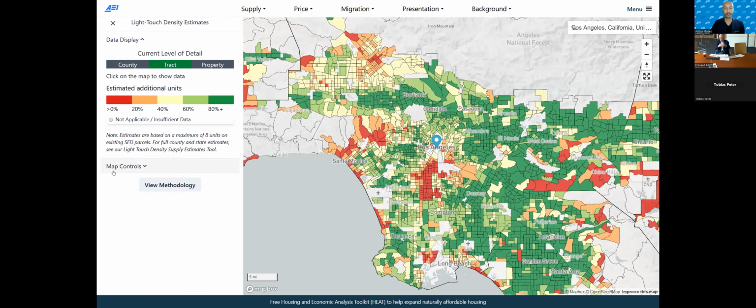We're also doing a lot of work on what we call McMansionization, the flip side of light touch density. And again, both are driven largely by where land prices and land shares are. But if you don't allow light touch density and you have very high land prices and land shares, you end up with teardowns of basically perfectly good housing, but it's replaced with a much more expensive, much larger unit.